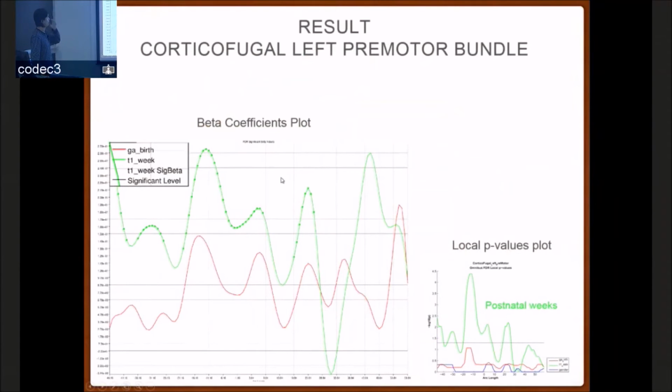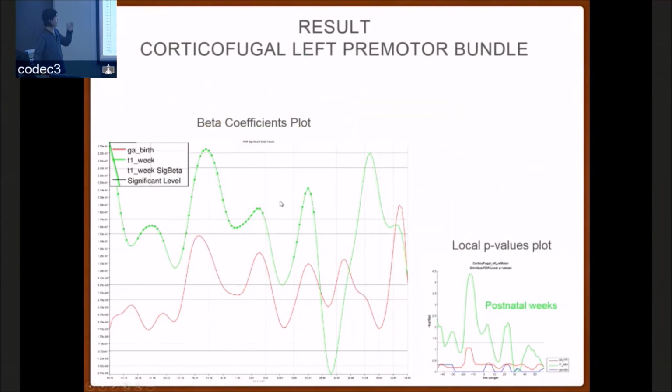As we hypothesized, the premotor bundle usually has a high correlation to myelination by age, and the result shows that indeed. The T1 weeks, which is the postnatal age, shows significance almost across the entire bundle except some points here, but we didn't find any meaningful results from the gestational age.